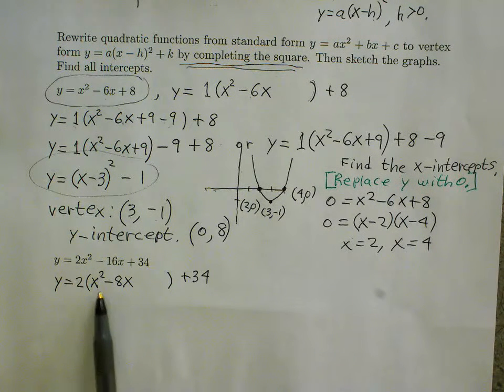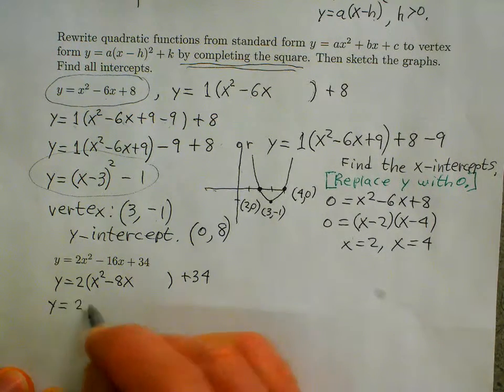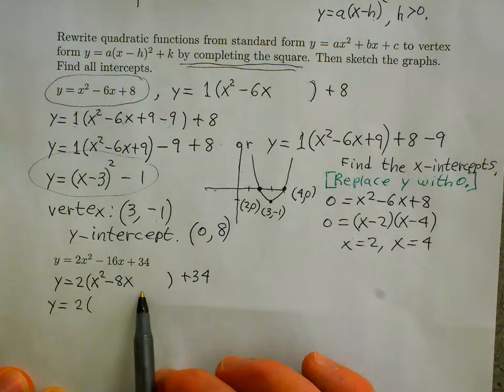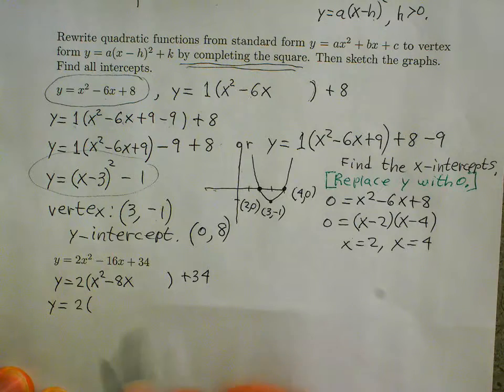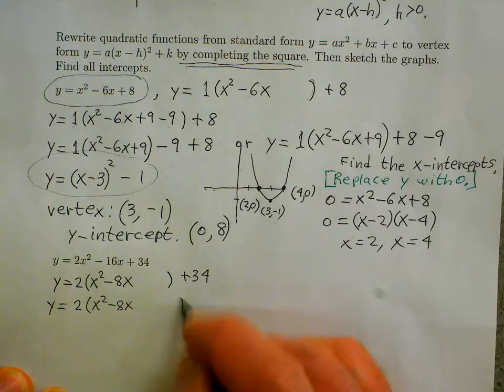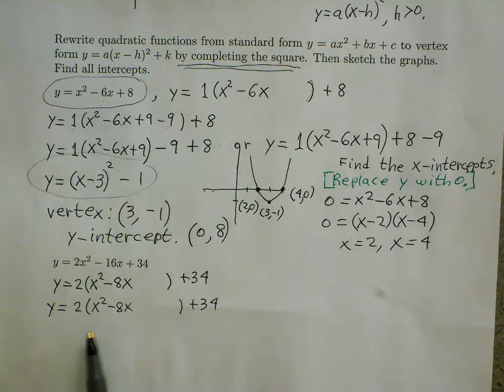Then we focus on the inside of the parentheses, the x squared minus 8x. In this step, we're going to add 0, but in the process, we will create a perfect square trinomial. The form that 0 takes this time: we want to add a number to x squared minus 8x to get a perfect square trinomial.